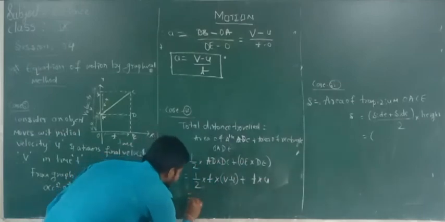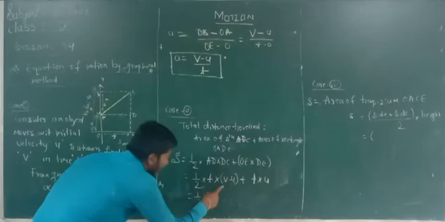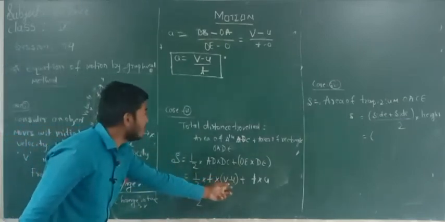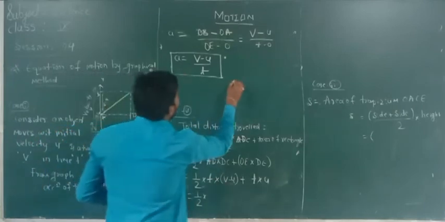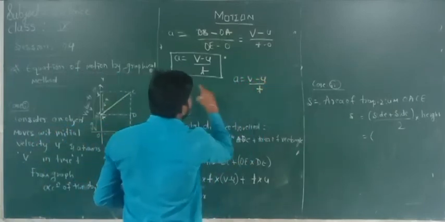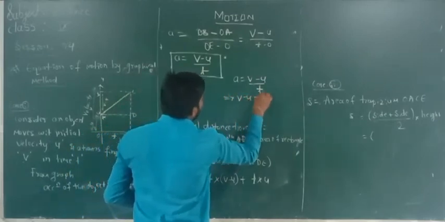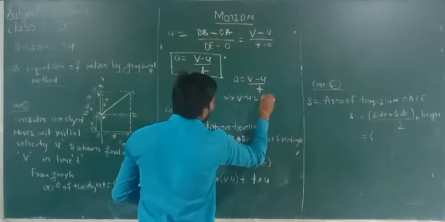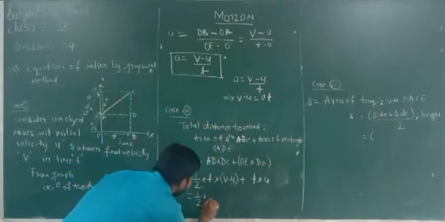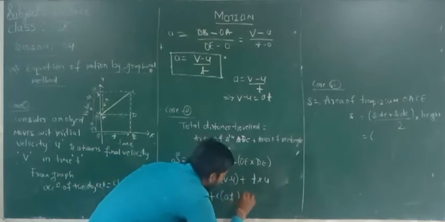That implies 1 divided by 2 into V minus U. We know that acceleration A is equal to V minus U divided by T, it implies V minus U is equal to AT. Substitute here: T into V minus U is AT plus UT.